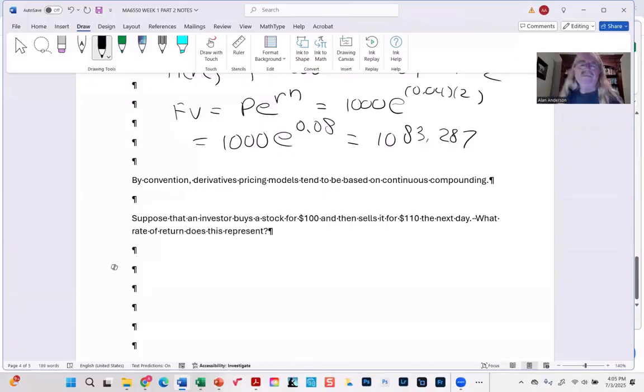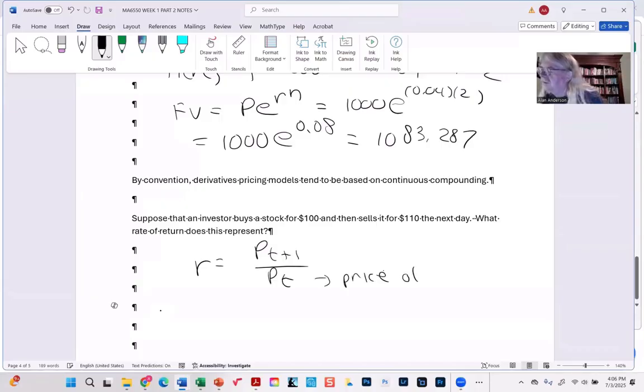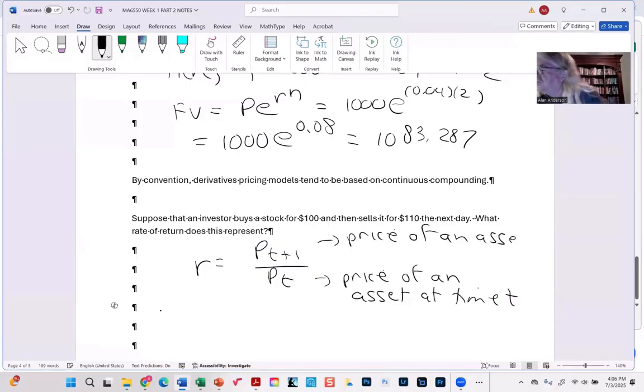Well, the rate of return with discrete compounding can be expressed like this. So this is the price of an asset at time t. And then t plus 1 just means the next period, which could be the next day, the next week, the next month, the next year. It depends on the application. So this is the price of an asset one period in the future, which we're going to call time t plus 1.